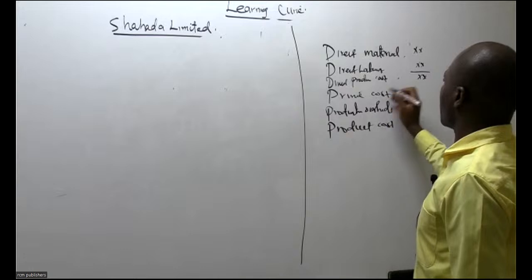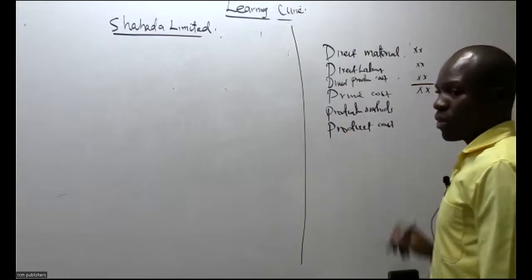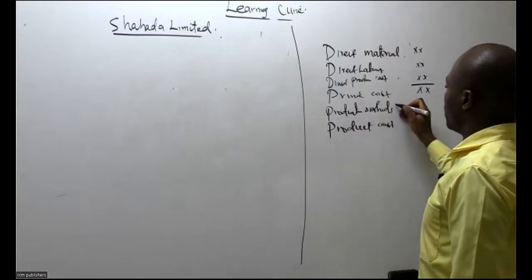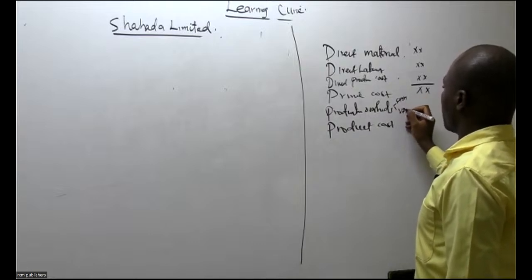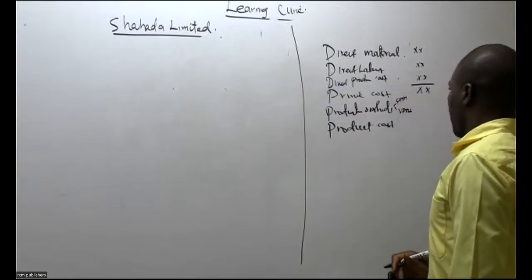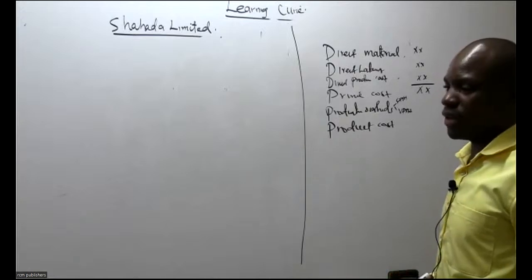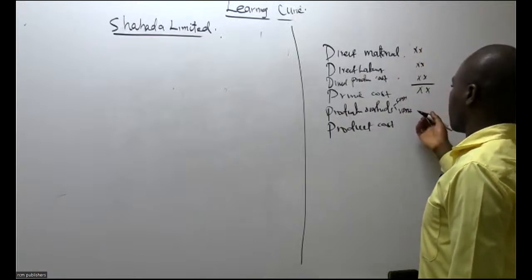After getting prime cost, we add production overheads, which we know very well. We have fixed production overhead and variable production overhead. We are going to do more of this specification when we get to transfer pricing, where you will look at marginal and absorption costing.